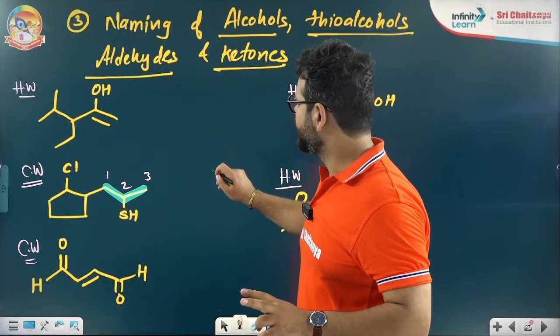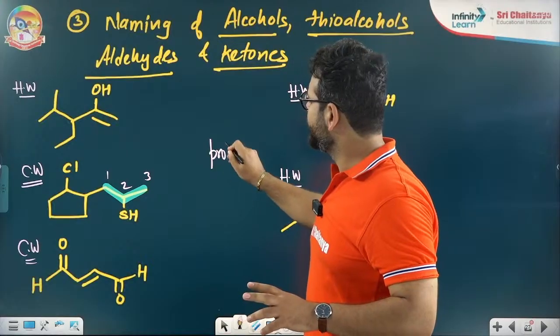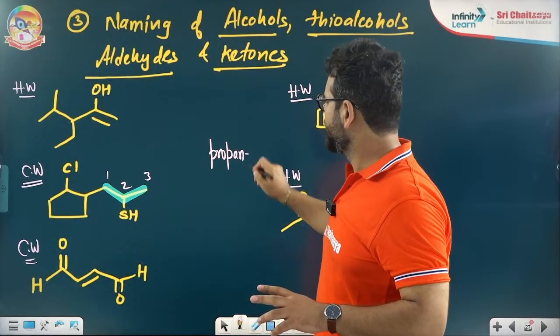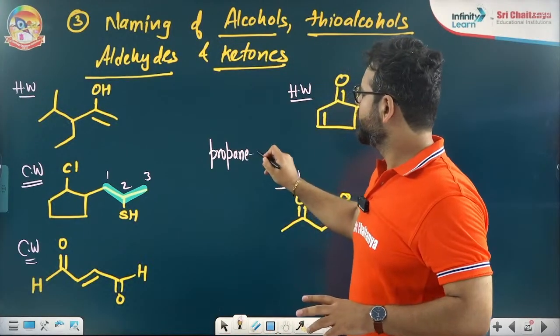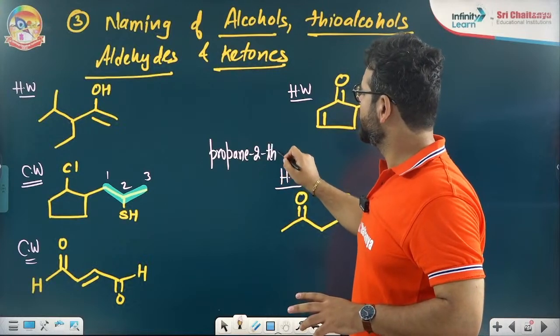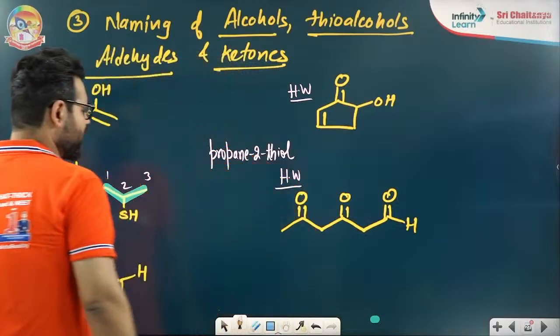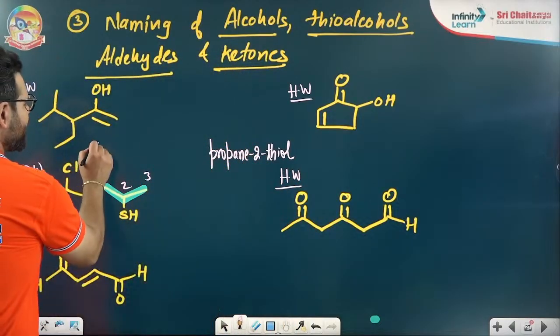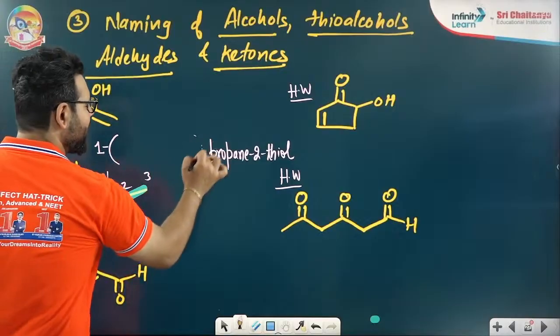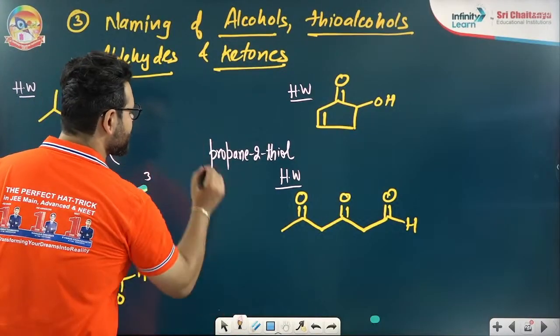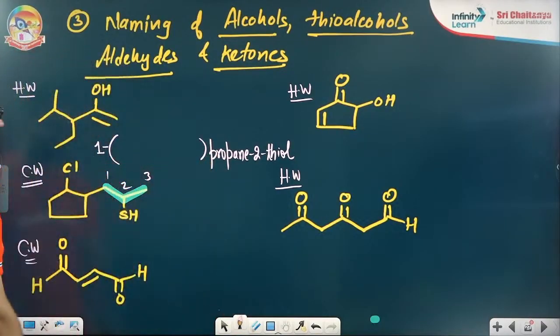All of you can see. What is this? It's a propane-2-thiol. At number 1, there is a complex alkyl, something which is dangerous looking, attached.